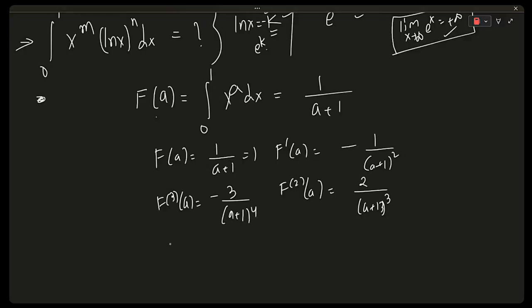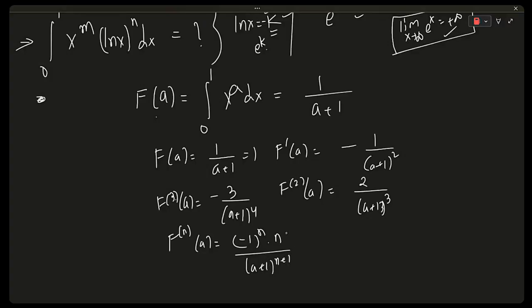Do you see the pattern? So differentiate it n times, you should get minus 1 whole to the power n into n, below a plus 1 to the power n plus 1. That much is clear, correct?